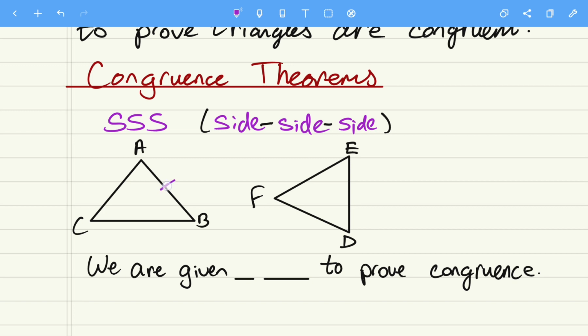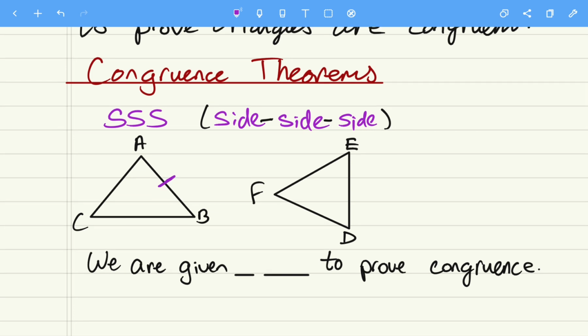So for example, side AB right here could correspond with side DE here. The ticks, the singular ticks here, means that those sides are congruent. We'll also be given this side as well, BC, which would correspond to EF over here. 2 ticks, those 2 sides are congruent.